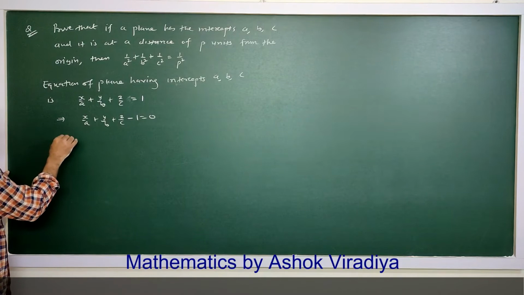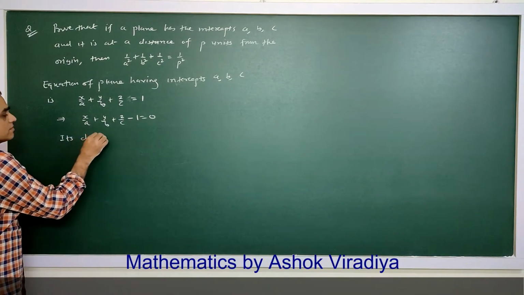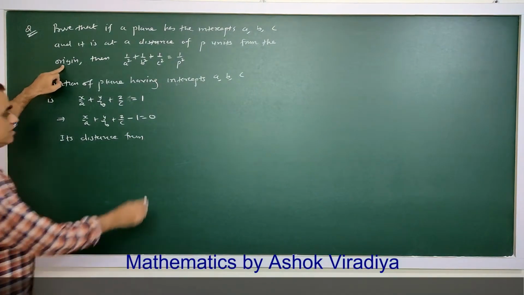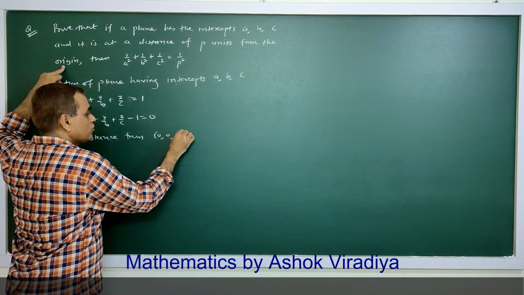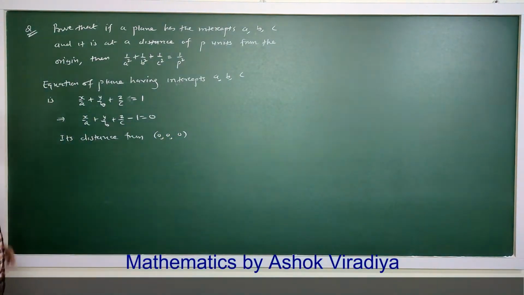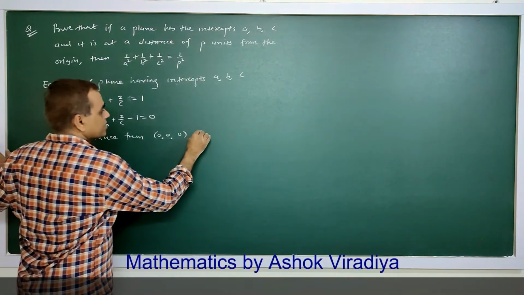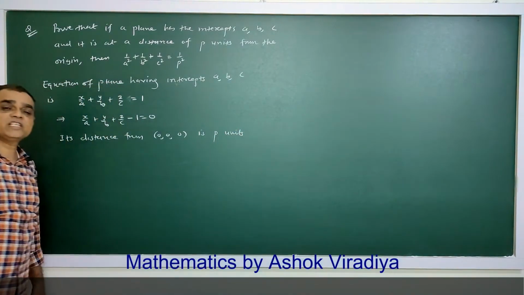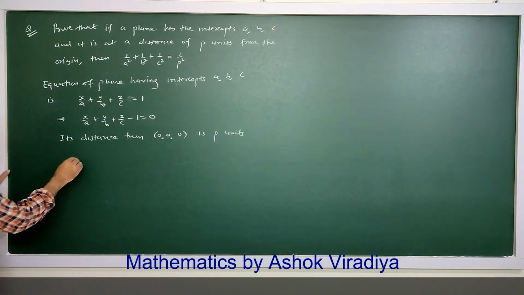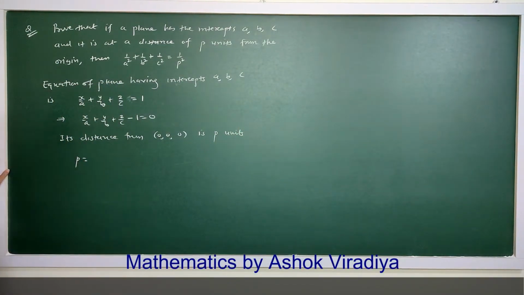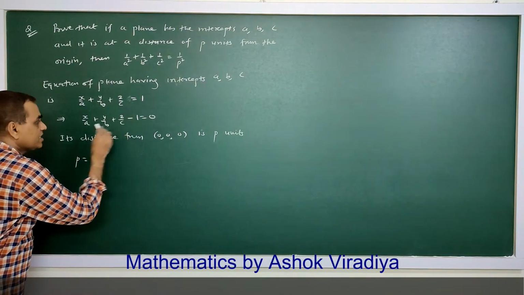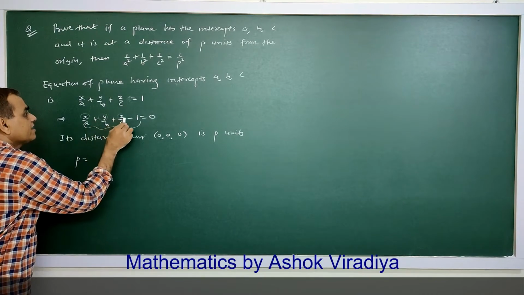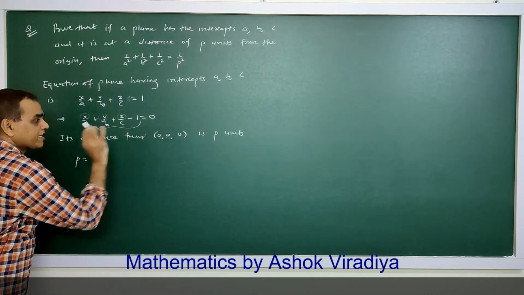Now its distance from origin, that is 0, 0, 0. Its distance from origin is p units. So using the distance formula, p is equal to, here RHS is 0. In this part we replace x, y, z by coordinates of that particular point.